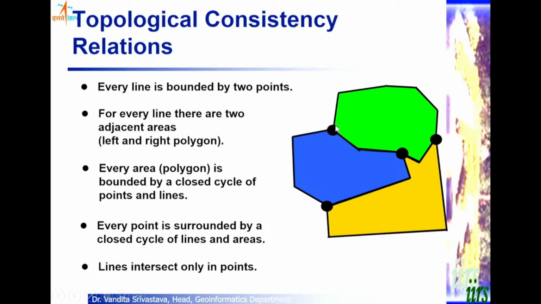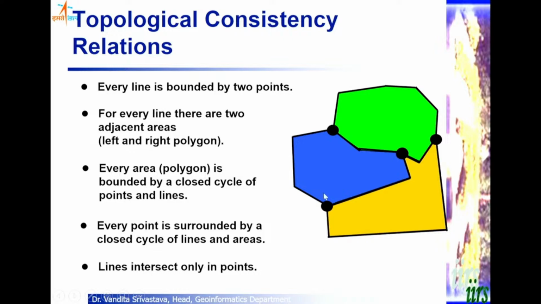So a line is bounded by two nodes, that is the beginning and end node. It intersects only at points, and these points are nodes actually, and these are vertices. These are also points, but these are vertices which define the shape of the feature. Like this particular line has 1, 2, 3, 4 vertices, plus two nodes, so a total of 6 points.